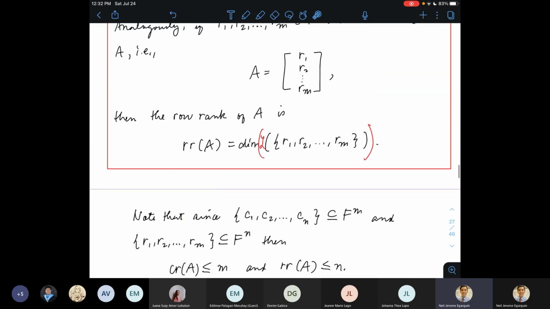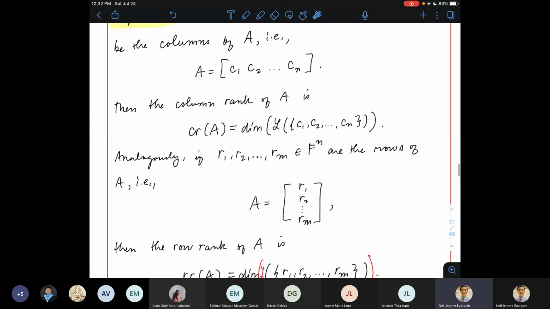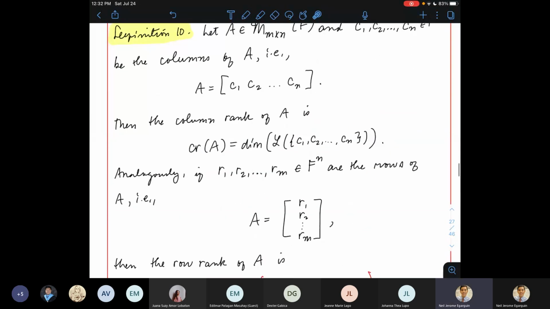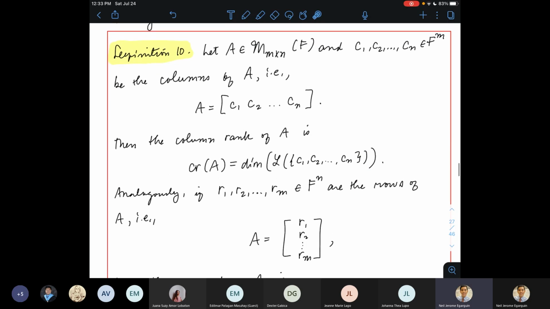Because remember, column rank is the number of linearly independent columns, all right? But each of the columns is an m by 1 vector, right?